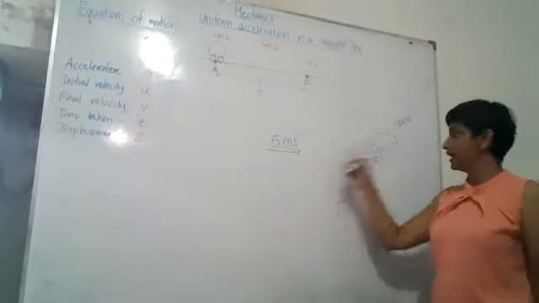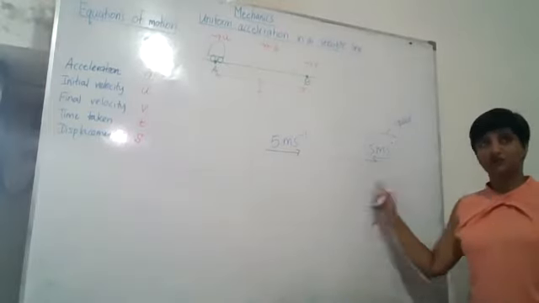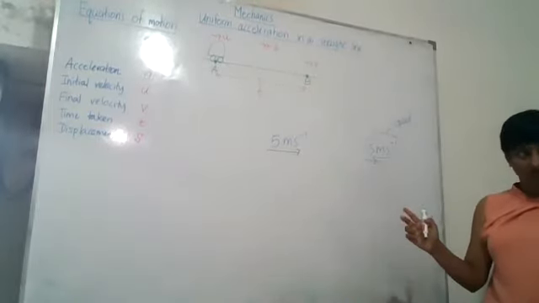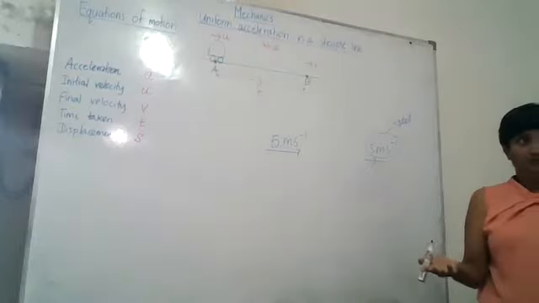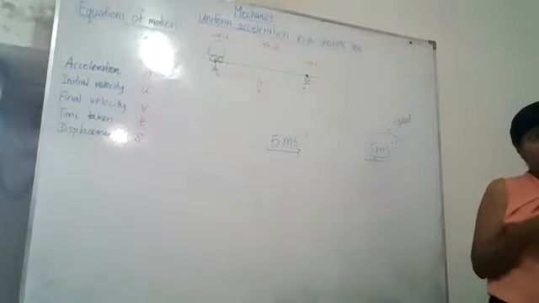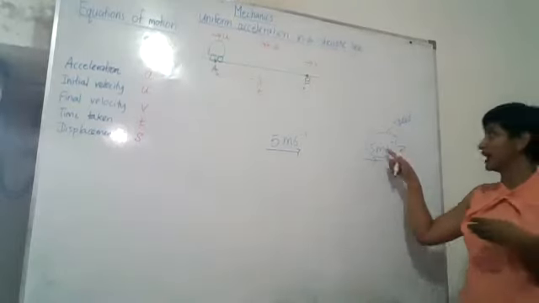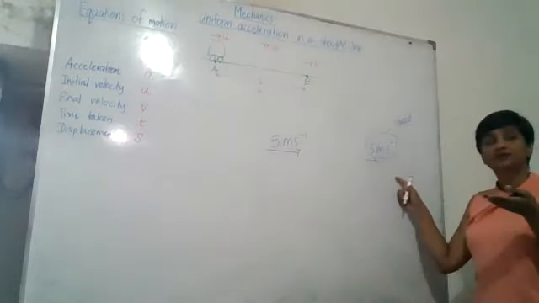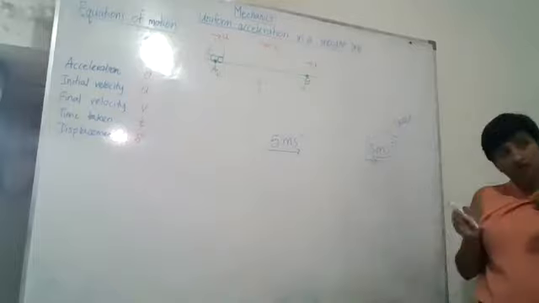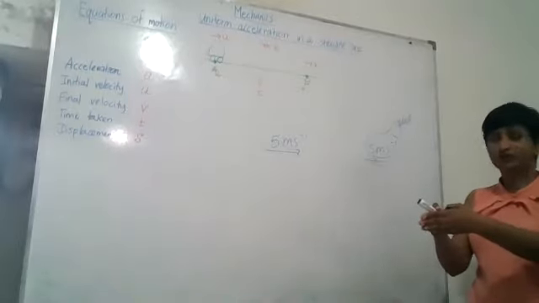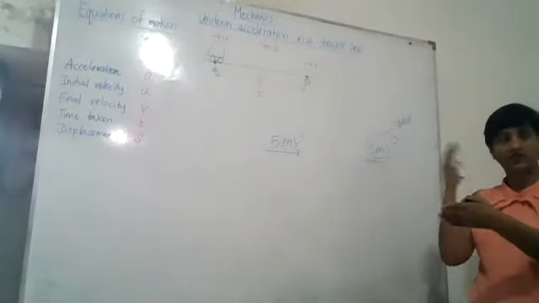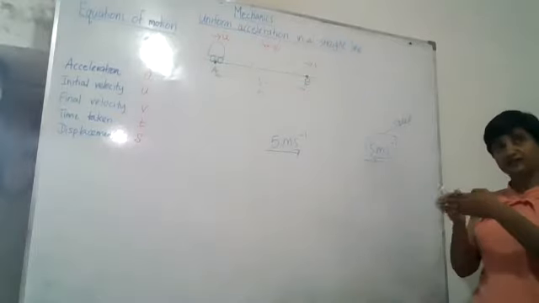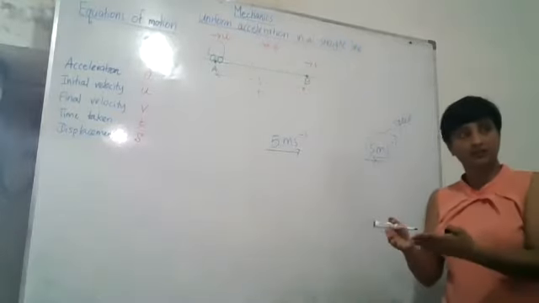Same speed and in the same direction, so this is constant velocity. Because what is velocity? Velocity includes both the value of how fast you are going and your direction. If both these are the same, velocity will be the same.